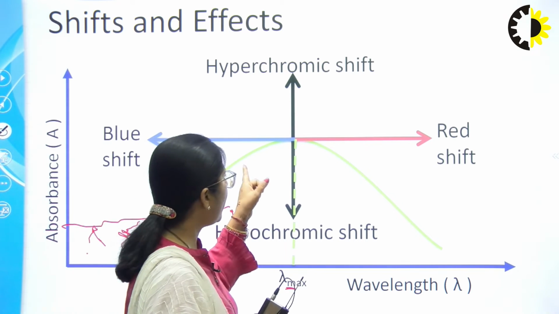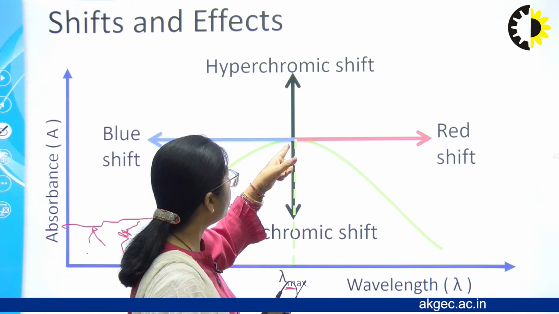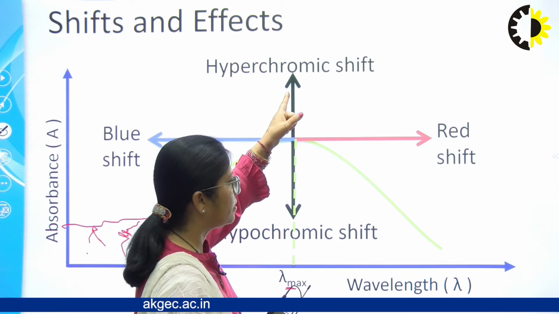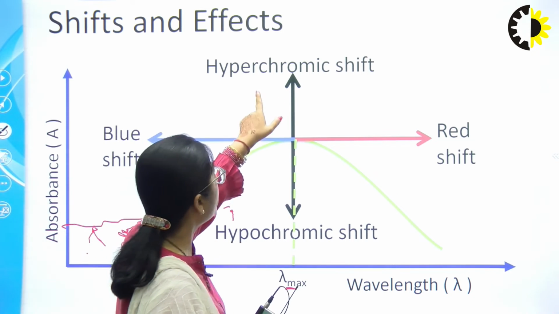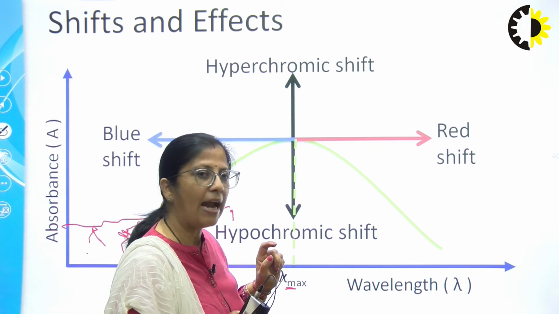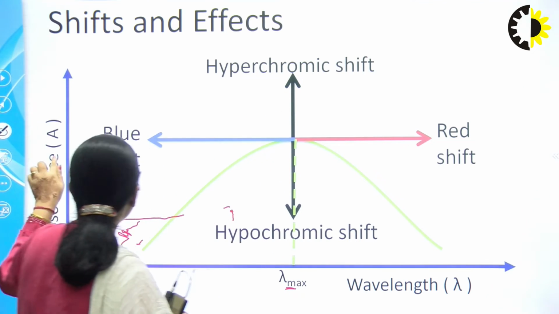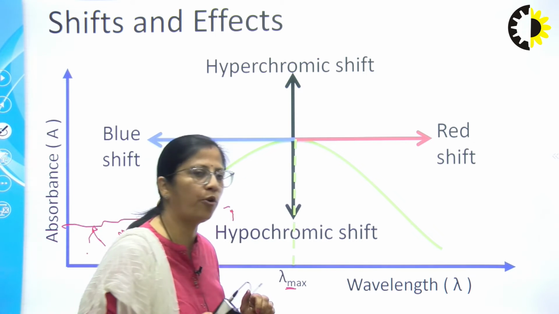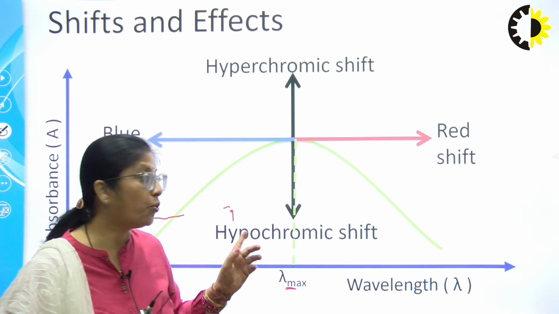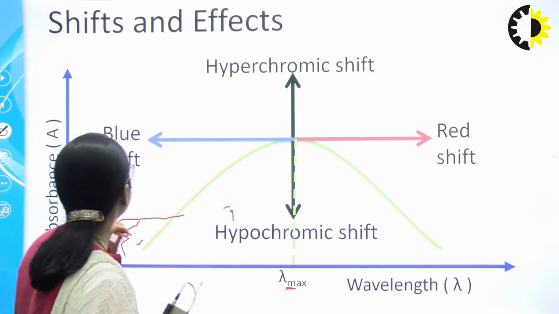The effect by which the absorbance increases is known as the hyperchromic shift, and the effect by which the absorbance decreases is known as the hypochromic shift. I am going to take these one by one.